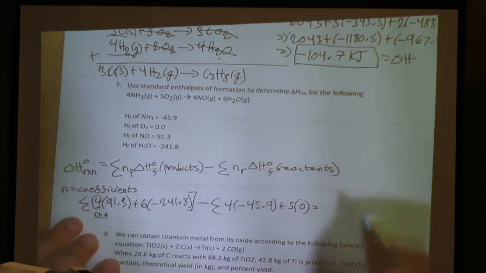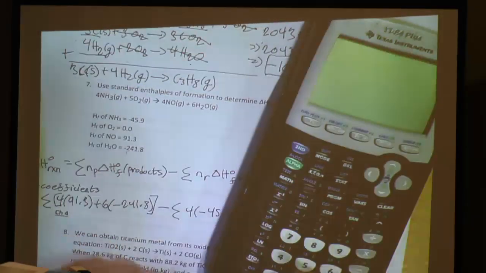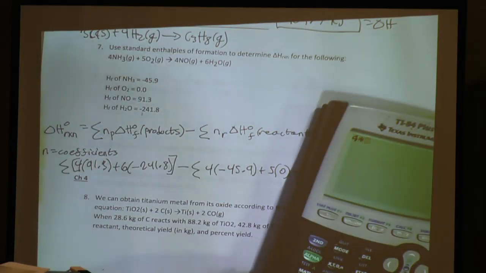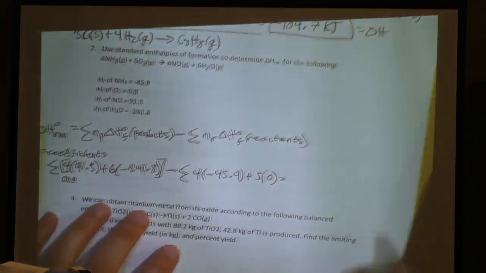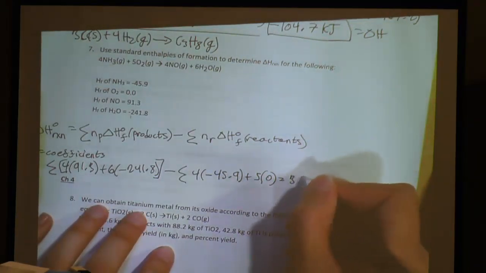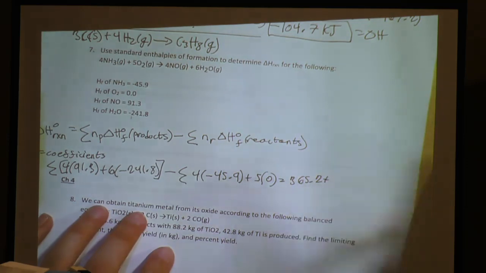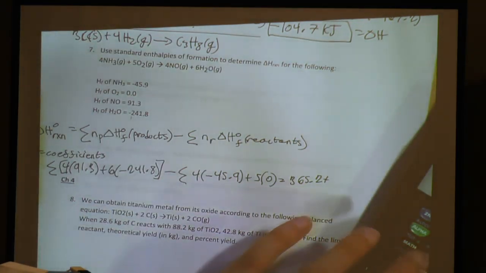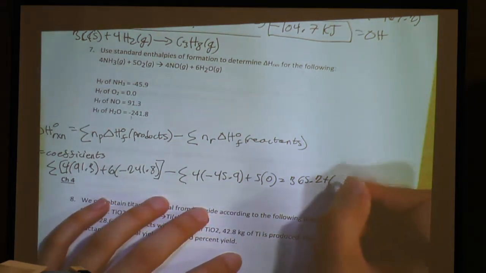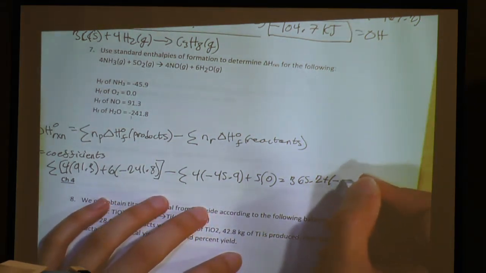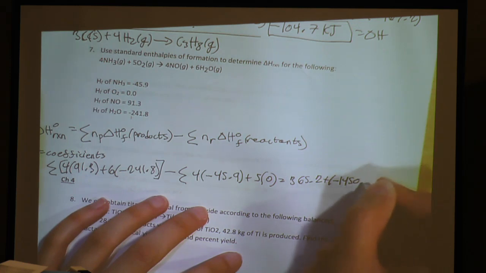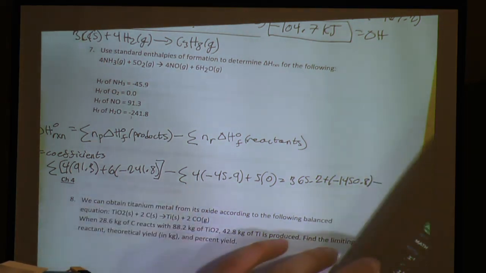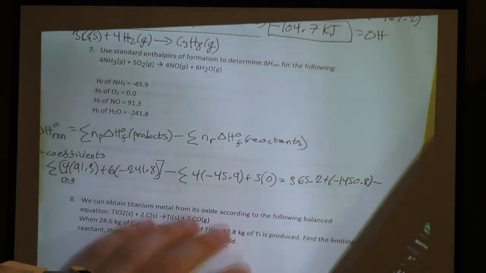So this is going to be equal to, let's add this up. So 4 times 91.3, so this is 365.2, plus 6 times negative 241.8 is negative 1450.8, minus 4 times negative 45.9.